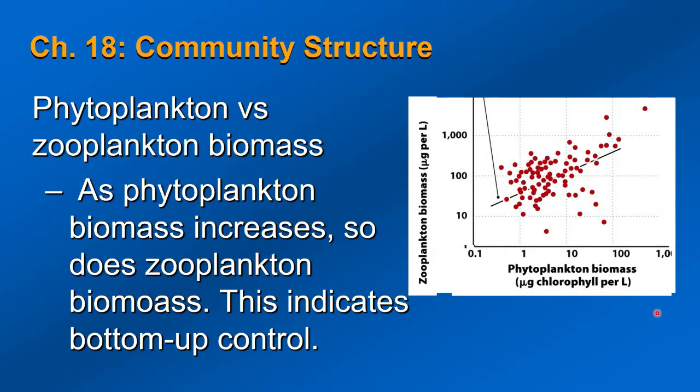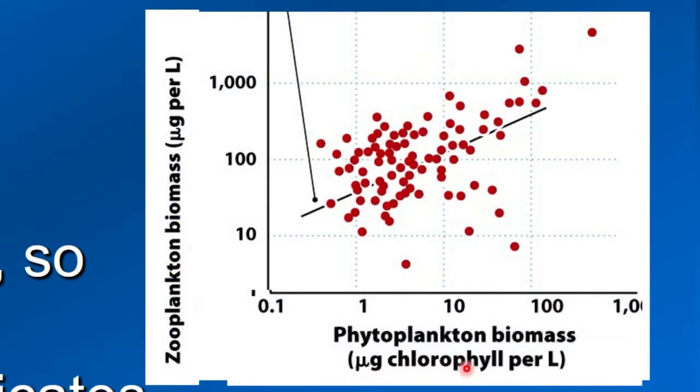Here's some real data that were manipulated. The system was manipulated to look at this interaction between bottom-up and top-down. Phytoplankton biomass, they're looking at micrograms of chlorophyll per liter on the y-axis from 0.1 up to, looks like, 1,000 micrograms.